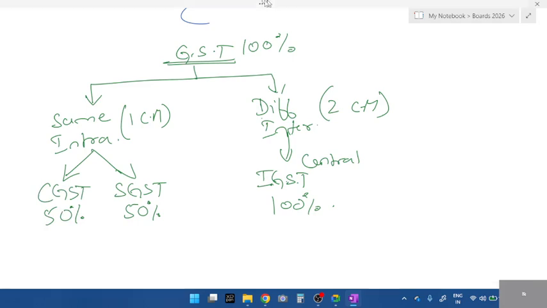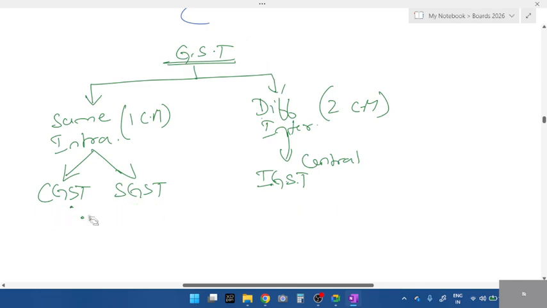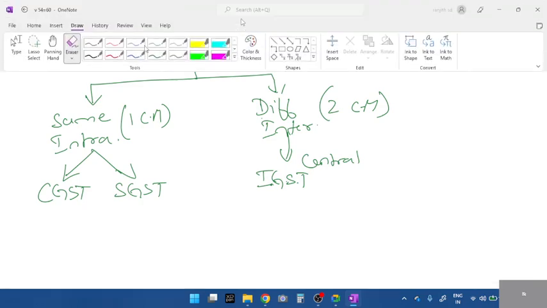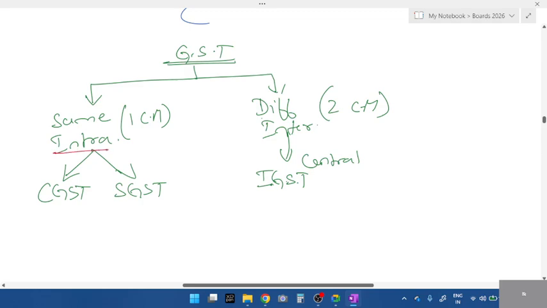Now, when it comes to percentage it is easy. When it comes to rupees, rupees is what makes the difference. Look here. For example, in a question they give you that it is intra-state. Intra meaning same. CGST is rupees 22. If SGST is 22, the same 22.